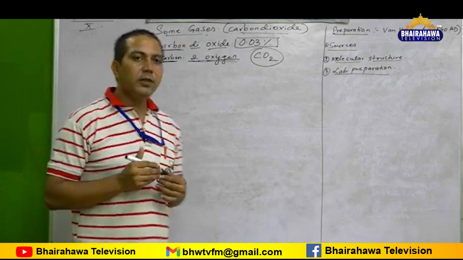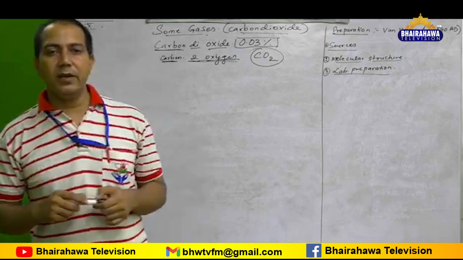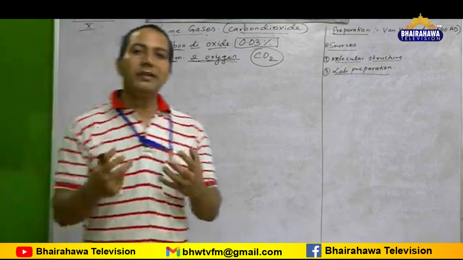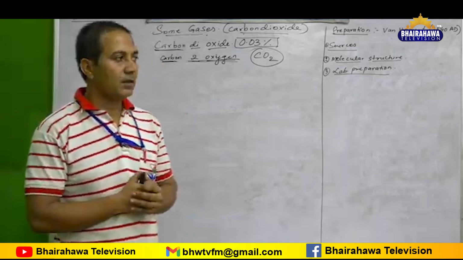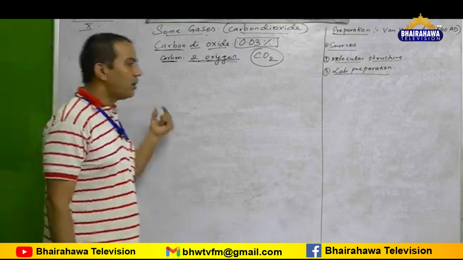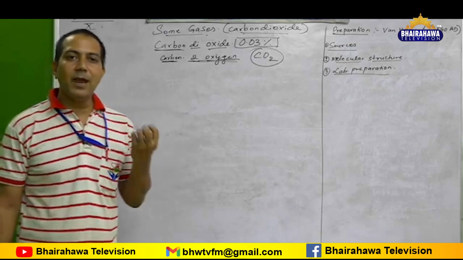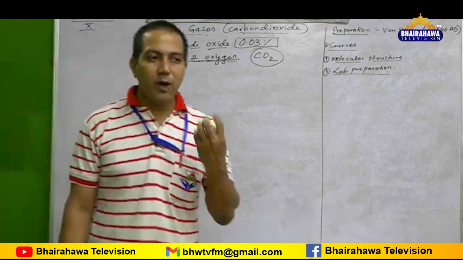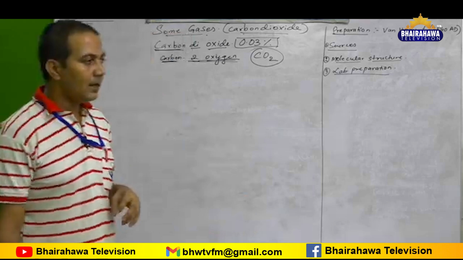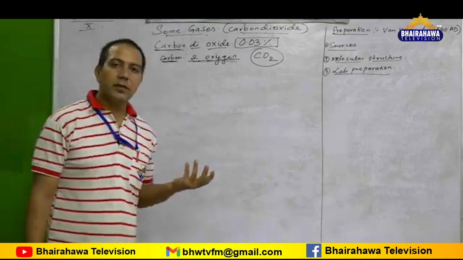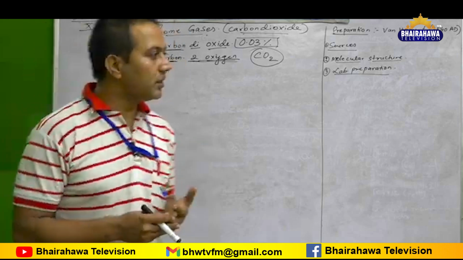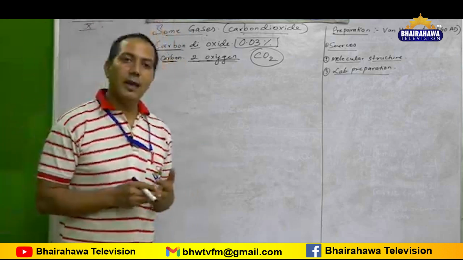Now if it is found freely in the atmosphere, what are the sources, or how does it come into the atmosphere? We have to think about how carbon dioxide is present in the atmosphere, because from the atmosphere it is also consumed, like we had studied about the consumption of carbon dioxide from the atmosphere.